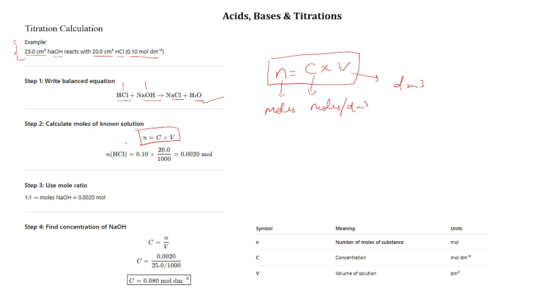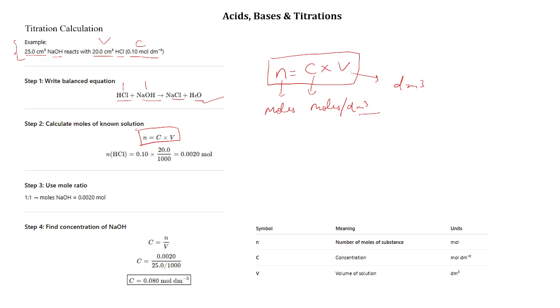Now here, what is given? The concentration of HCl, C of HCl, and the volume of HCl. Just remember that here we have to calculate everything in decimeter cube.